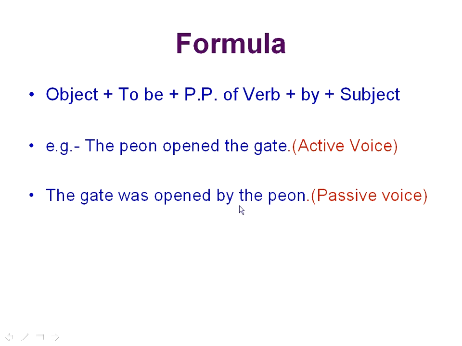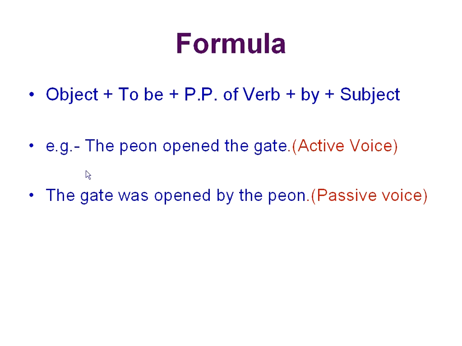So here we change the voice of this sentence by using this formula. Here we notice that there is not any change in its meaning. So students, remember that when we have to change the active into passive voice, we should not change its meaning.